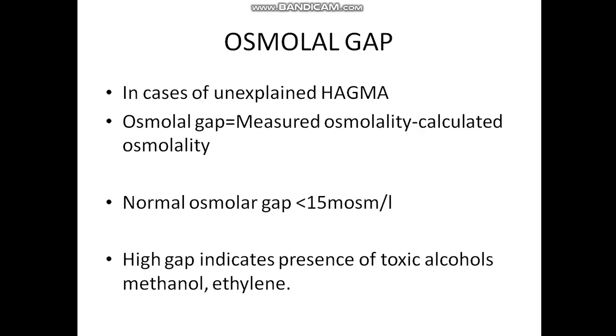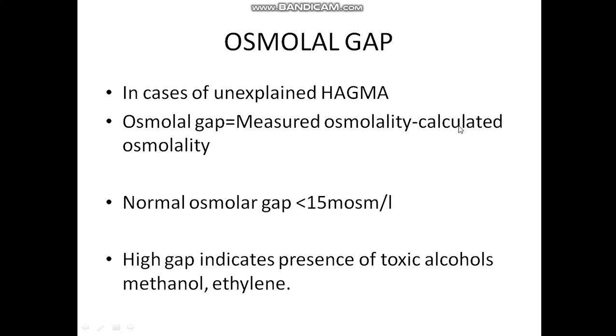Okay, osmolar gap. In some cases of unexplained HAGMA, we calculate the osmolar gap. What is osmolar gap? It is measured osmolality minus calculated osmolality. Measured osmolality is the serum osmolality: if you draw blood and send it to the lab, they give you the serum osmolality. That you have to subtract from the calculated osmolality.